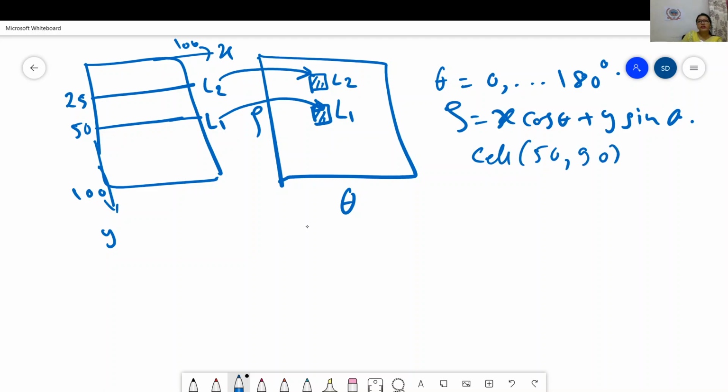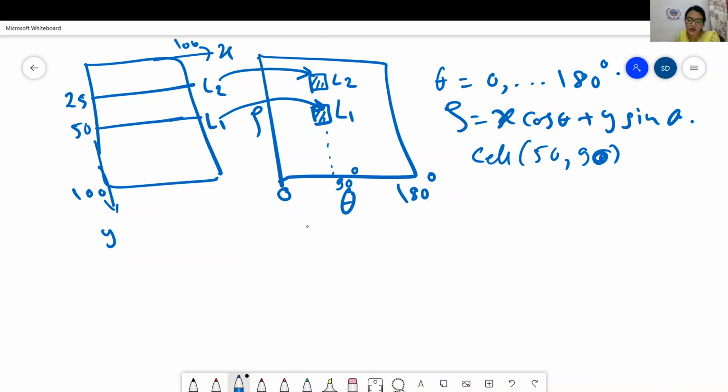Because this is a horizontal line, at 90 degrees you will get the hit, since we are changing theta from 0 to 180 degrees. So theta will be 90 degrees, isn't it? So you will get the hit at cell 50, 90.